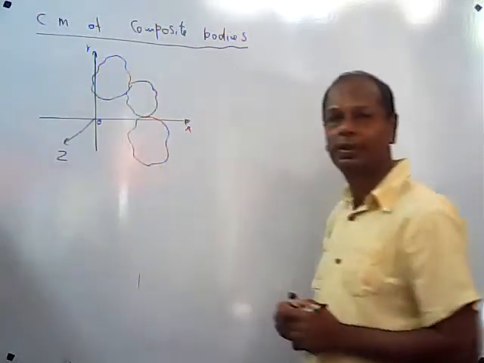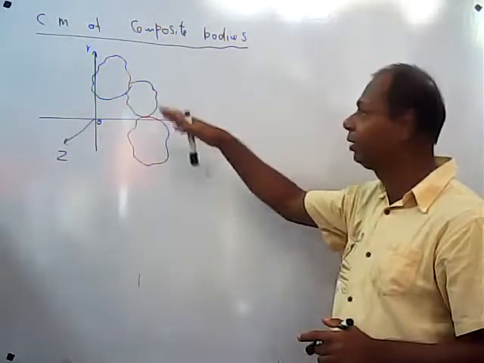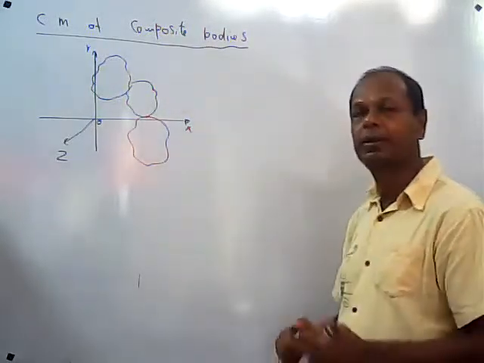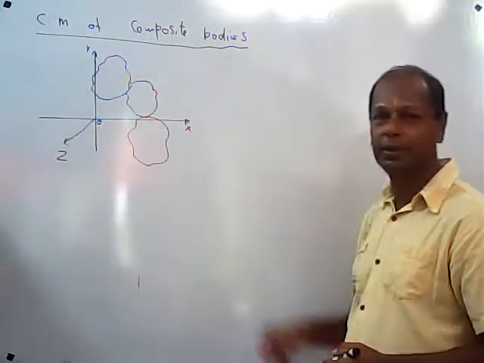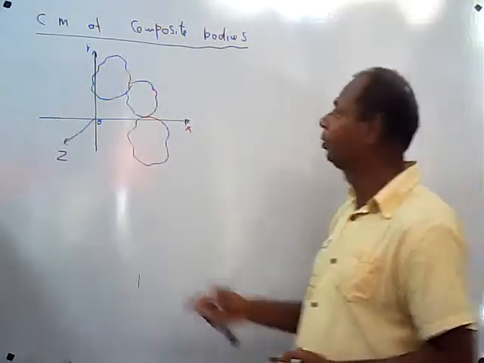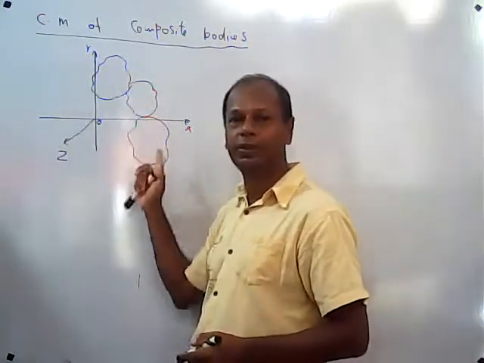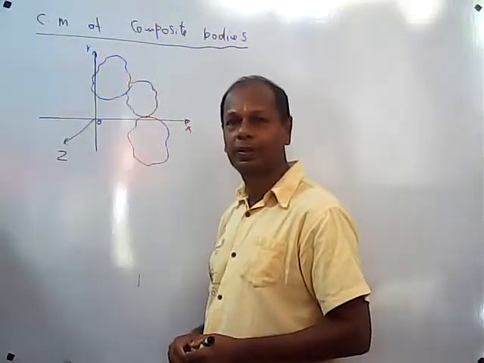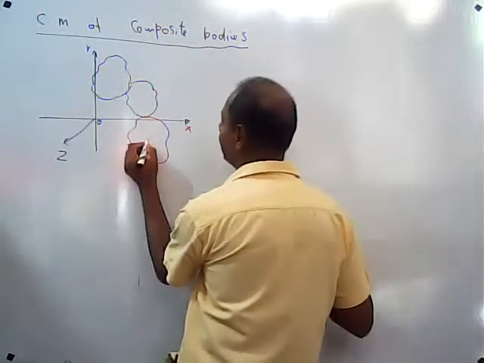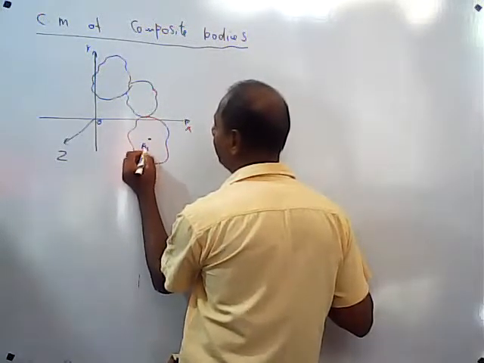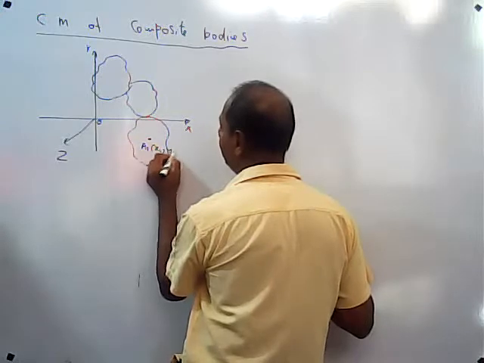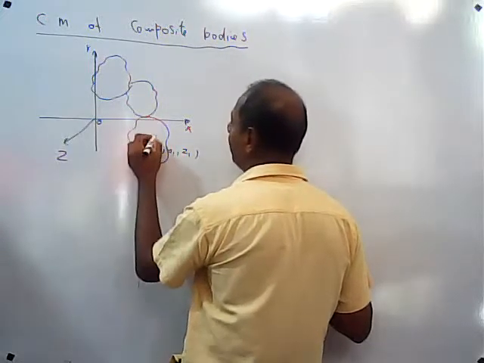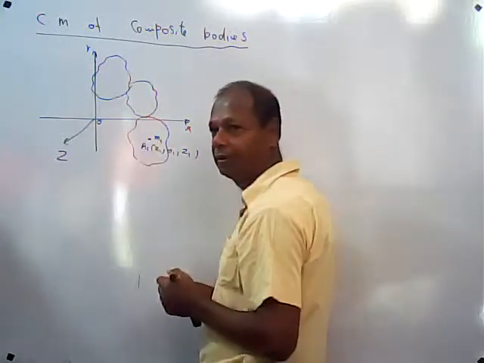To form this composite body, we connect different objects. I have taken 3. We know where the center of mass of each is. Say center of mass of this one is at point A1 with coordinates x1, y1, z1. Mass of the body is m1.